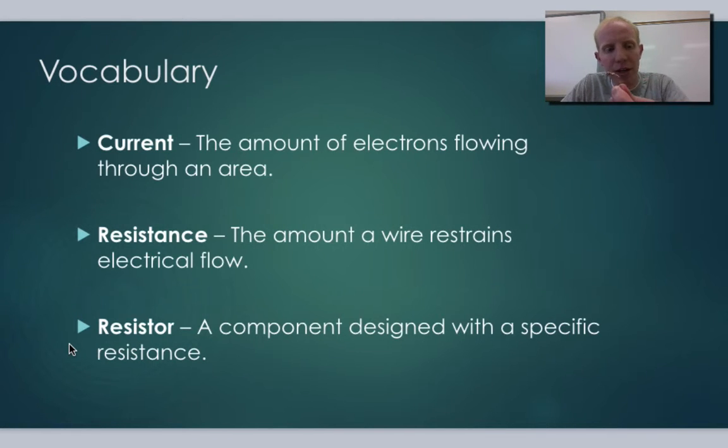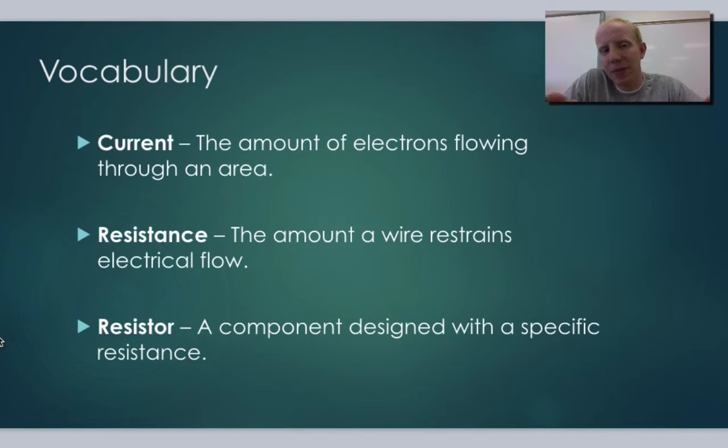So this little guy right here is designed to resist a certain amount of electron flow. We'll get to in a second how we describe that. But make sure you understand those three words. So the resistor has a certain resistance that limits the current.